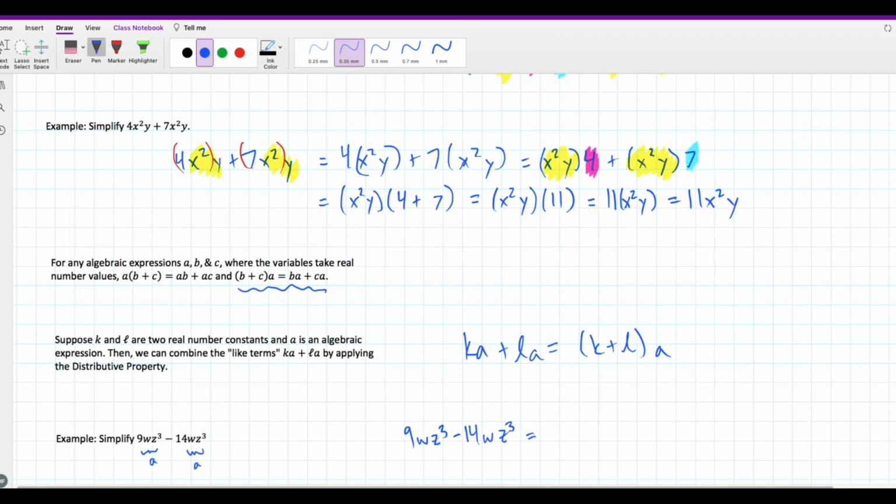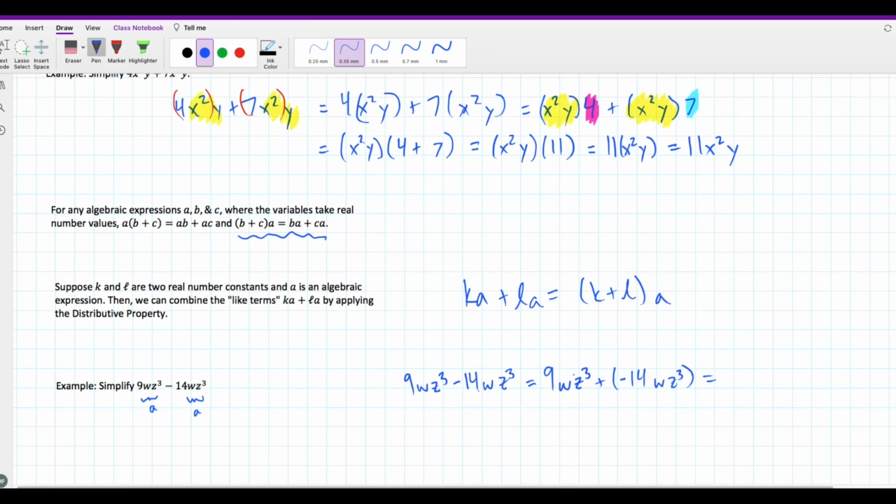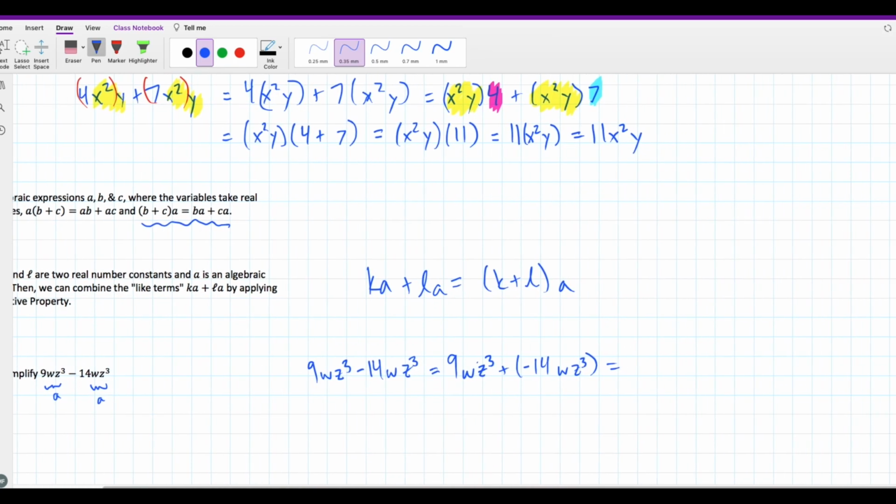And so technically, before we try to use this combining like terms statement up here, we need to first write it so that it's an addition problem. Okay, now that we've done that, we can simply rewrite this as the sum of the two coefficients.